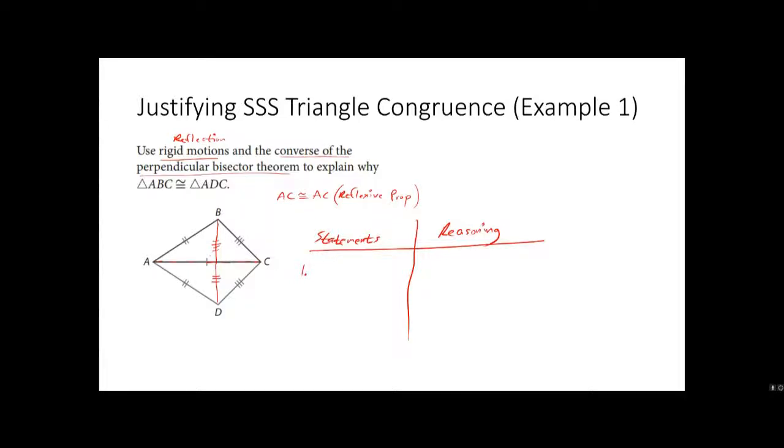I want to say we got AC being congruent to itself, and that's the reflexive property, which stems from the idea of reflecting over a certain line. And if we do that, A stays on that line because it's on the line of reflection in the first place, so it stays nice and neat right there. And C becomes C prime, and B does become D.